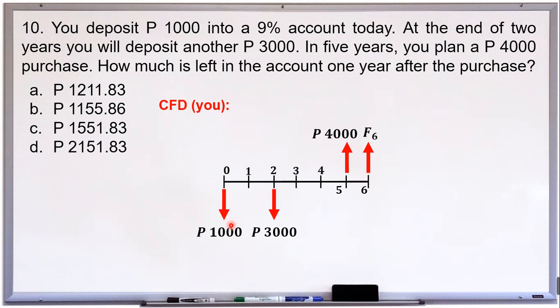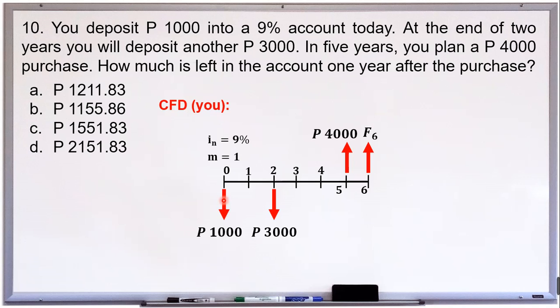Okay, so first, at year 0, you deposit 1,000 pesos, and then after 2 years, of course, this 1,000 will grow at a certain interest. I forgot to mention that in your CFD, you also need to indicate the nominal interest rate and the compounding scheme.